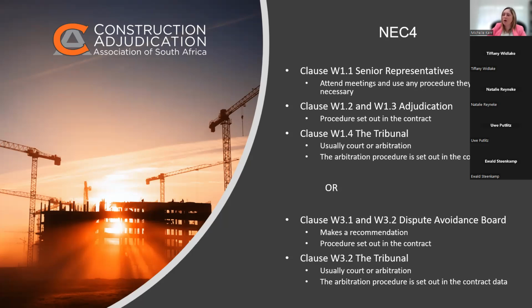So option W1 is very much as the NEC3 option W1, but there's an additional clause, an additional tiered ADR step that's been added in. The first step that's been added in is reference to the senior representatives. There's a submission document that is meant to be submitted, and the parties meet or do whatever it is that they want to do, and there's a certain period of time for them to do it in. So you'll notice that is negotiation.